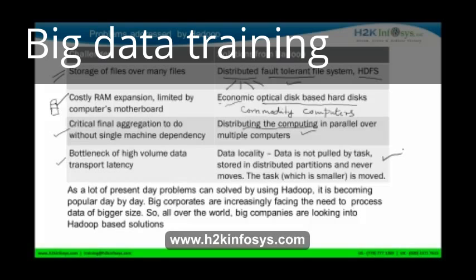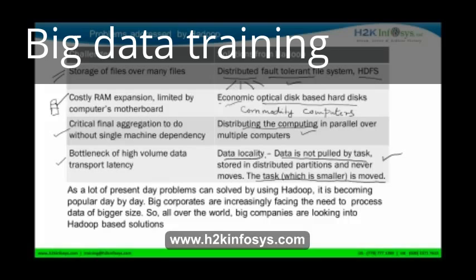It didn't pull the data to the task like it was being done by the traditional systems. It moved the task, which was smaller, to the place where the data resides. Data was kept and it remained and never moved from the computers where it was stored. So that is what is called data locality in Hadoop.